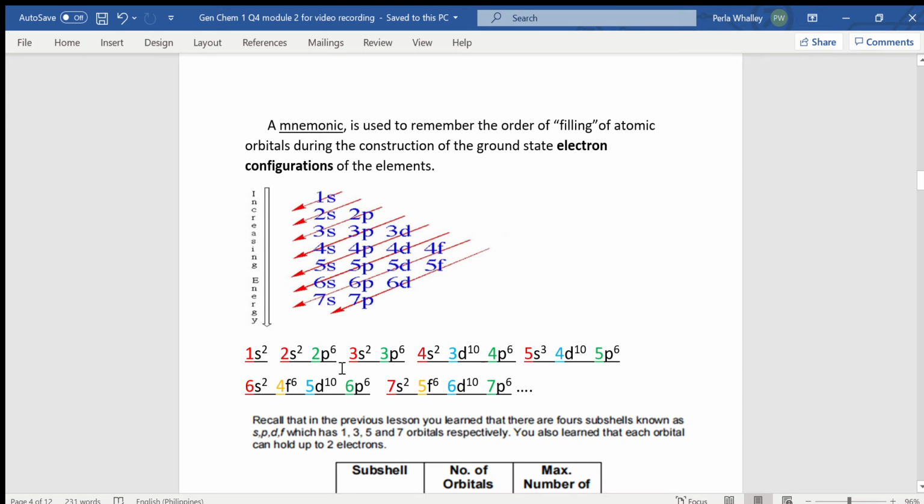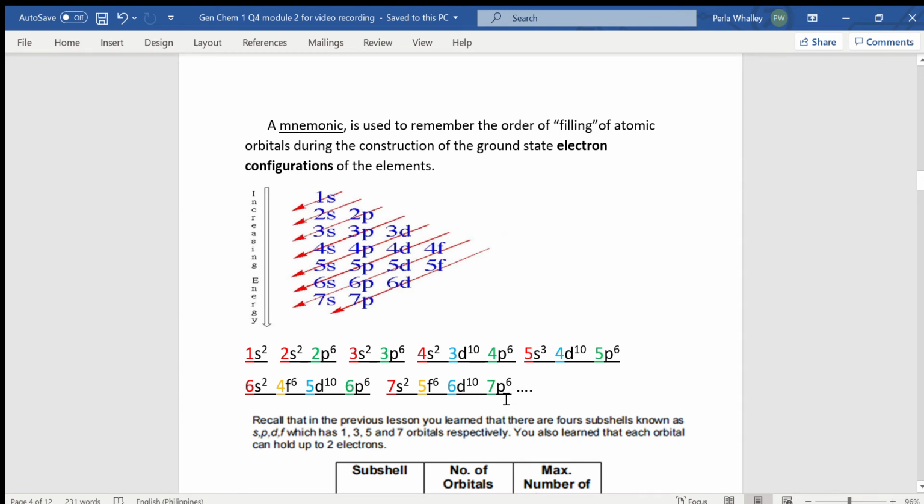If you notice, there is an underline. It shows the repeating sequence. Let me show you. This is s. Aside from s, of course, there is the repeating of s here. So it starts with sp, sp, sdp, sdp, sfdp, sfdp.